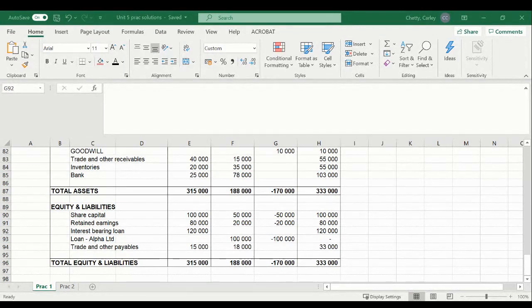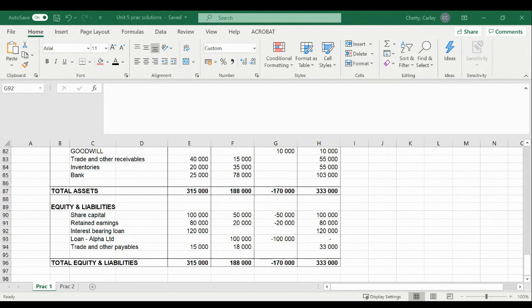So this interest-bearing loan does not have to be eliminated because it is not an intragroup loan. An intragroup loan is a loan between alpha and beta. This interest-bearing loan does not say interest-bearing loan beta or alpha, so it is also interest-bearing, which means it's with an unrelated party, likely like a bank.